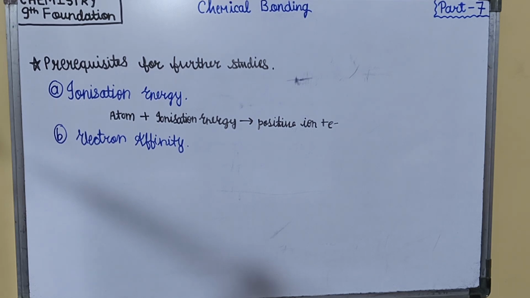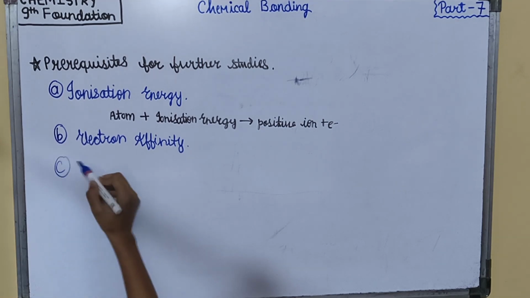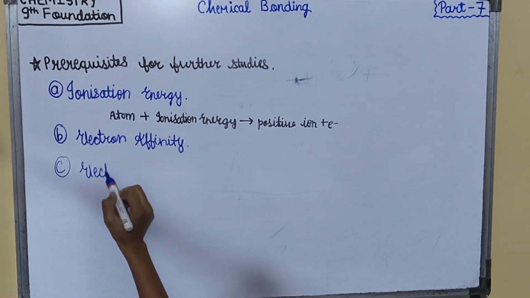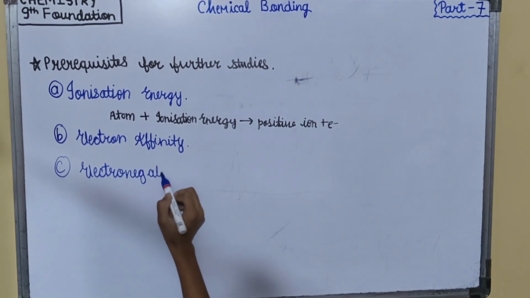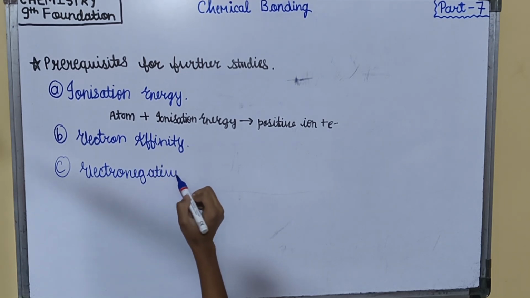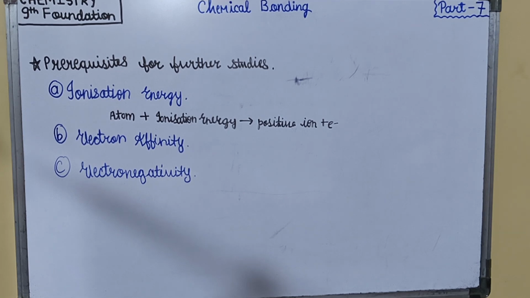Electronegativity is the third. Further in this chapter, you will come across a type of chemical bond where two atoms, say A and B, combine by sharing an electron pair.